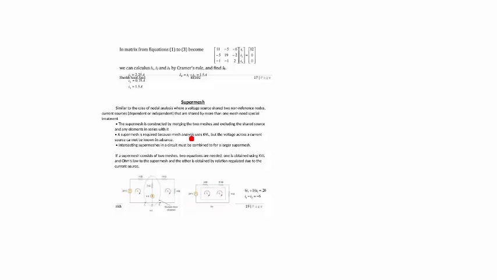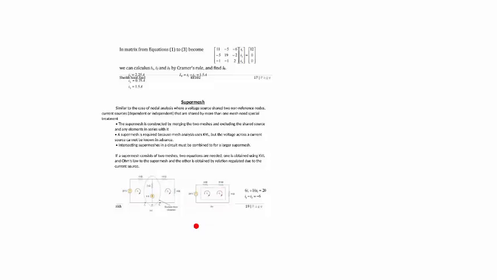Here, when there is a current source between 2 meshes, a super mesh is required because mesh analysis is just KVL, but the voltage across the current source cannot be known in advance. So if a super mesh consists of 2 meshes, 2 equations are needed. One is obtained using KVL and Ohm's law to the super mesh. So if there is a current supply between two meshes, we remove that and do a normal calculation.